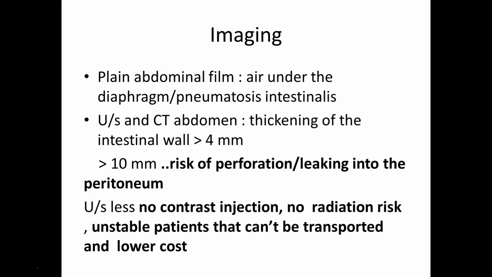There are also somewhat older studies that say the risk of perforation, leaking into the peritoneum, or air within the peritoneum can occur if the thickness is about 10 millimeters and above, and surgical consultation is required in such scenarios.